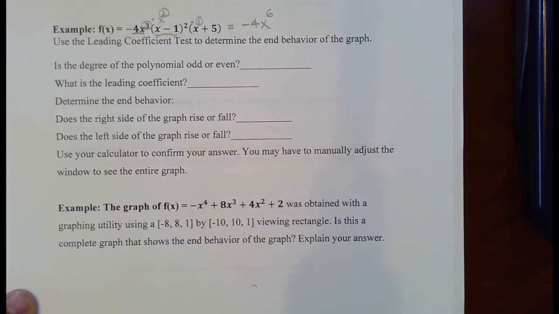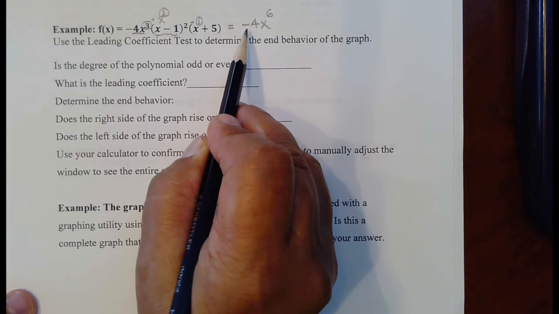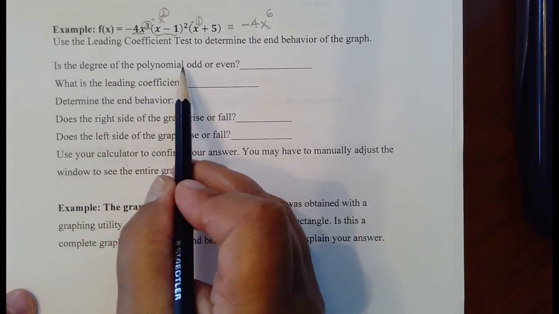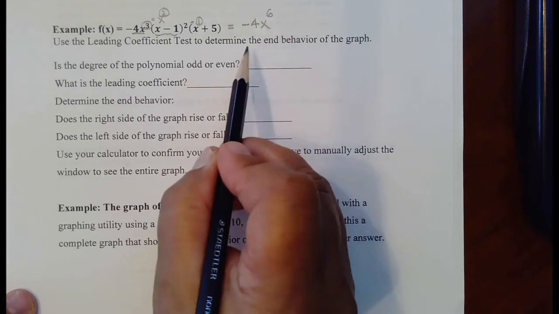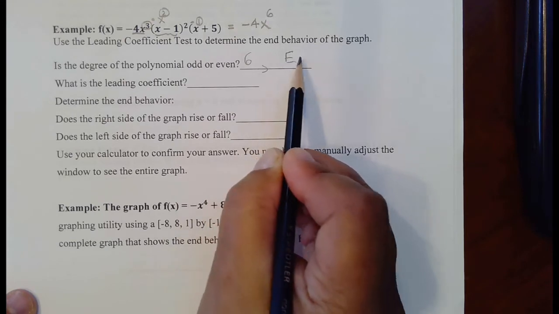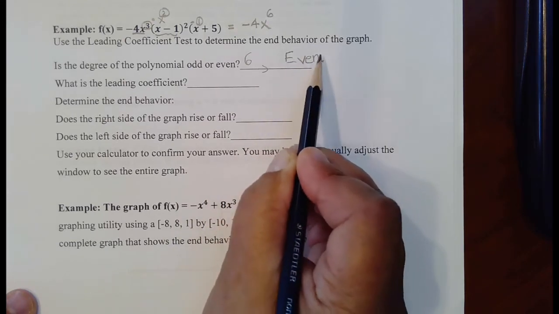Is the degree of the polynomial odd or even? You can see it is 6th degree, therefore it is even. What does even mean? Well, you have to use the fact that it's even in addition to the leading coefficient, which is negative 4. It's just the number that's out in front of the term with the highest degree. Determine the end behavior.